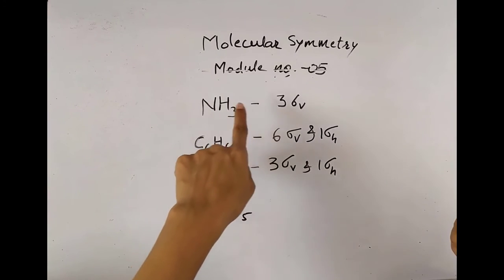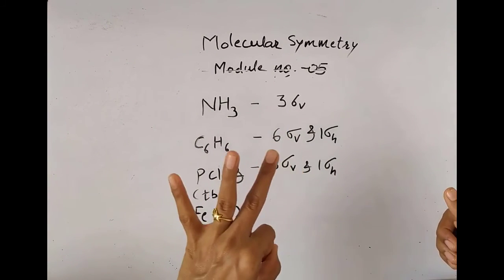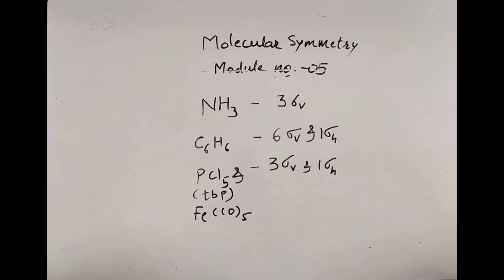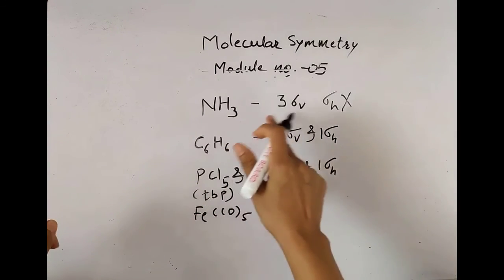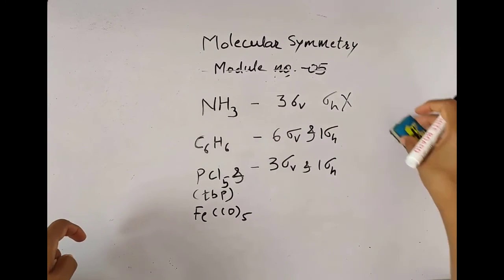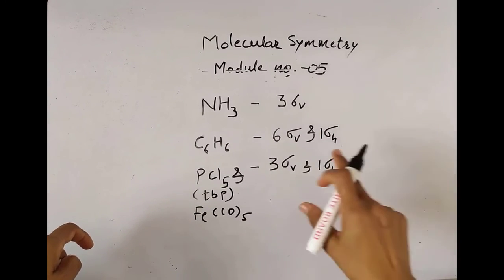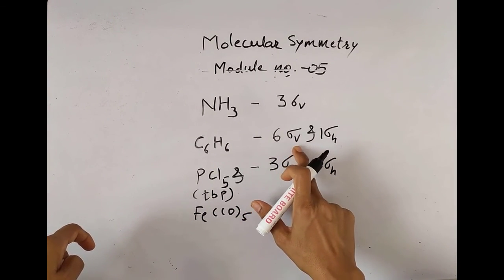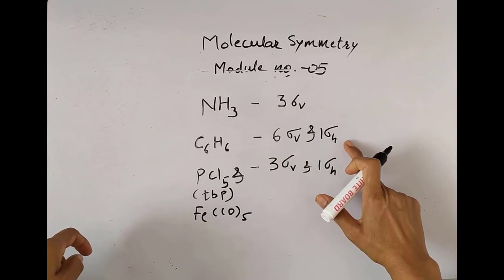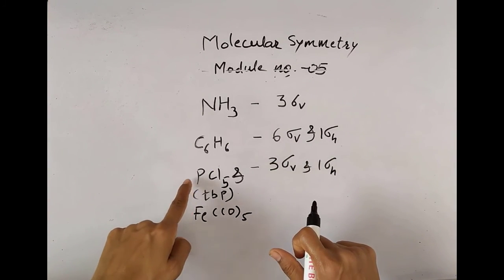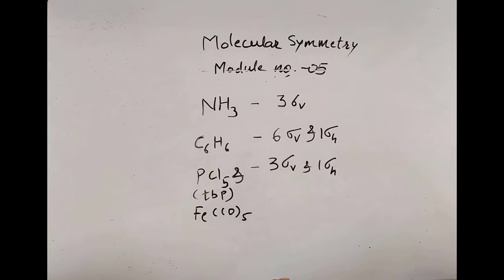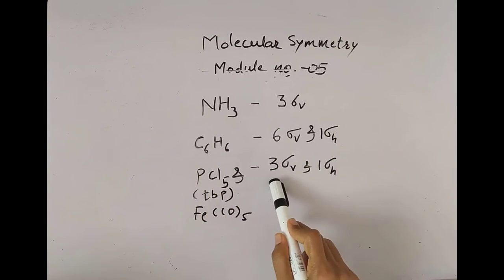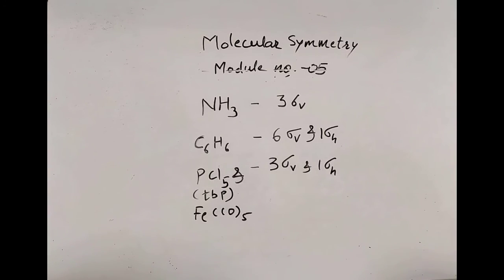In ammonia there are 3 vertical planes, but there is no sigma h in ammonia. In benzene you will get 6 vertical planes and 1 horizontal plane. In PCl5 and Fe(CO)5, that is trigonal bipyramidal molecules, you will get 3 vertical planes and 1 horizontal plane.